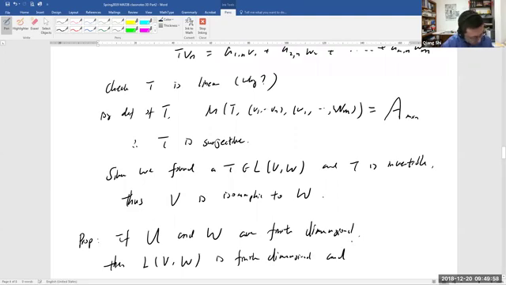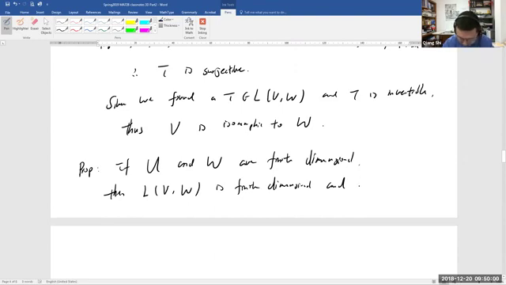And actually let me write on the same page, the dimension of this vector space, we proved earlier this is a vector space, is dimension V times dimension W, and each is a number, right?